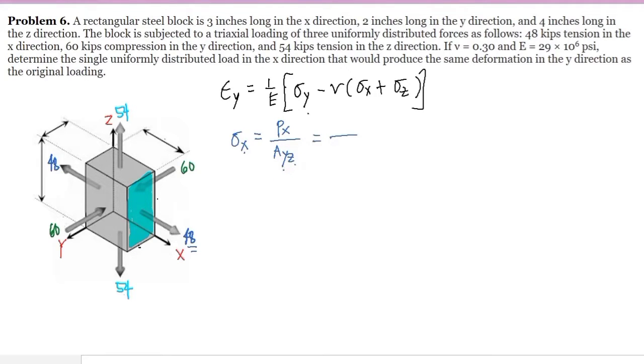So we have the force along the x direction, 48 kips, and for the area, let us put in our dimensions. Along the x direction, we have 3 inches. Along the y direction, 2 inches. And along the z direction, 4 inches.